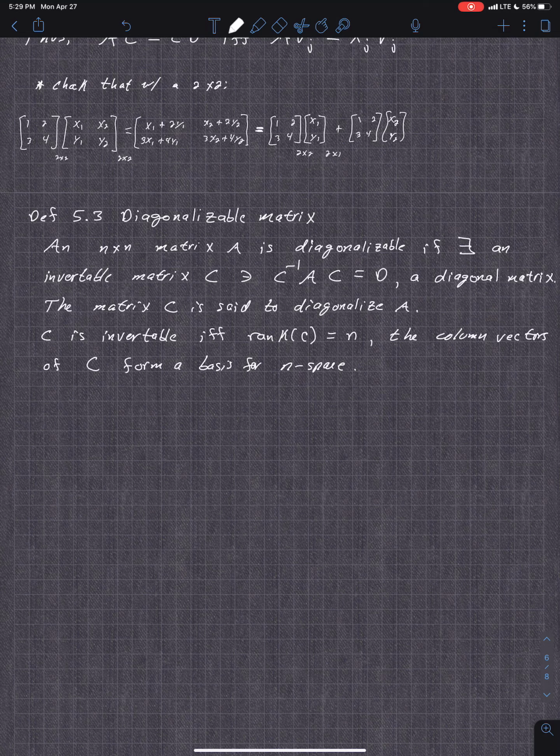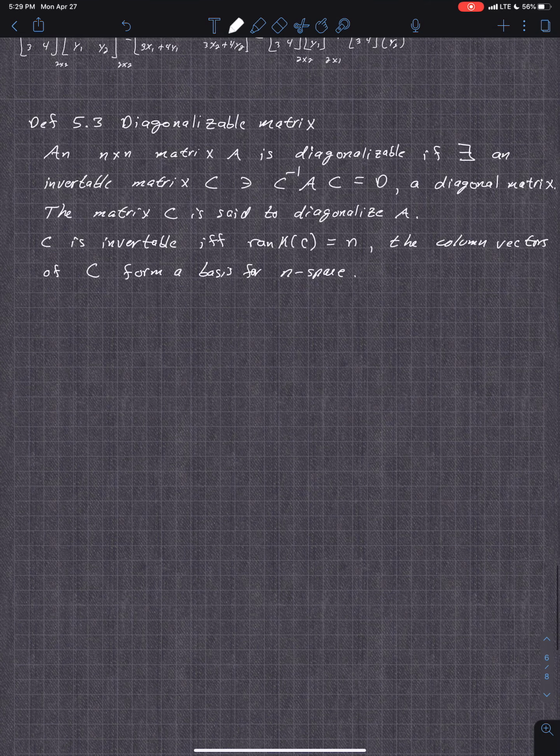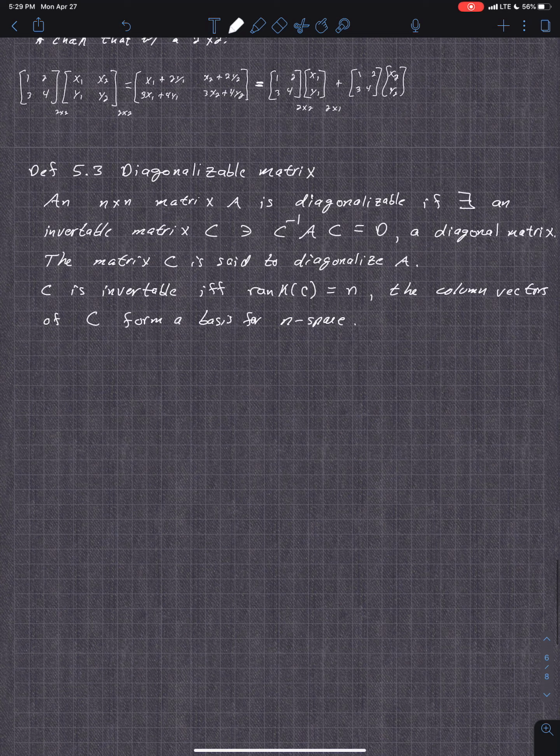Okay, and if C exists, well, first of all, from the previous theorem we know that A times C is equal to C times D as defined above. So if C inverse exists, multiply both sides by C inverse. So you get C inverse AC equal to C inverse C times D. And then what is C inverse times C?